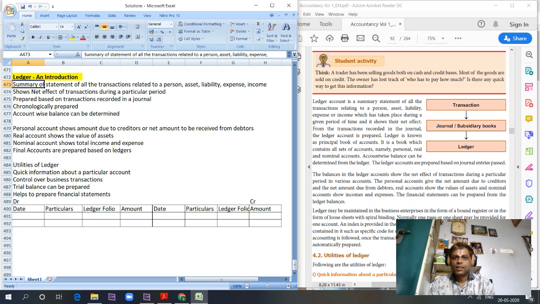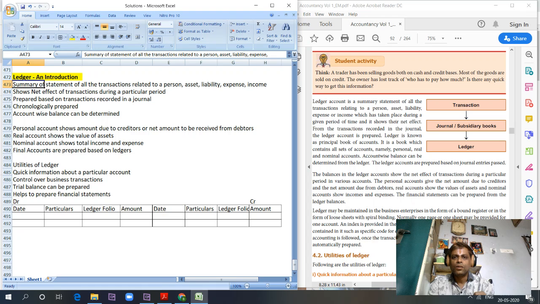Why should we summarize? By summarizing the transactions, we will know what is the balance due from a particular customer. What is the balance due to a particular supplier? What is the amount to be paid to a particular employee? What is the balance in my bank account?